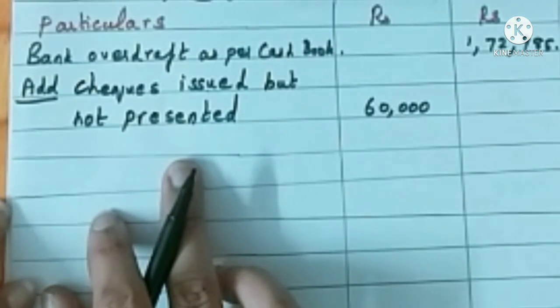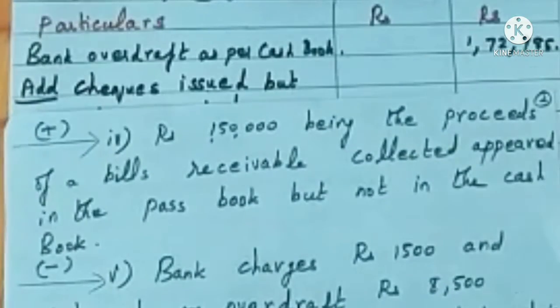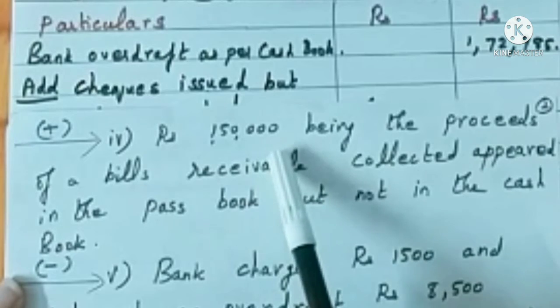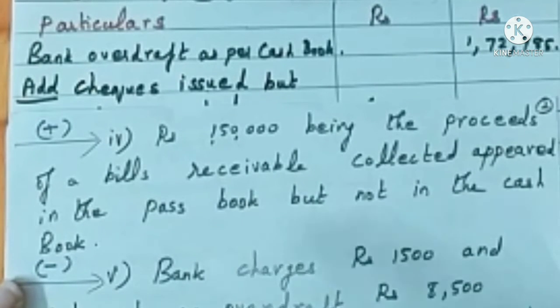The next one. This 1,50,000 being the proceeds of your bills receivable collected appeared in the passbook but not in the cash book. This has to be added.